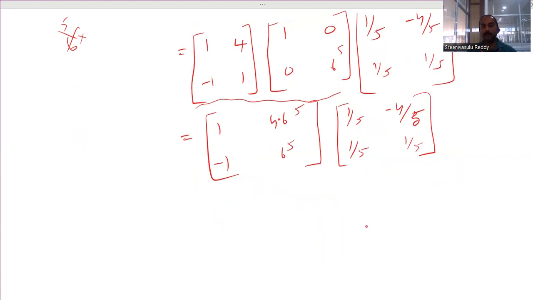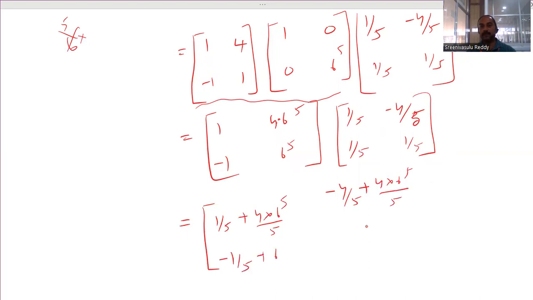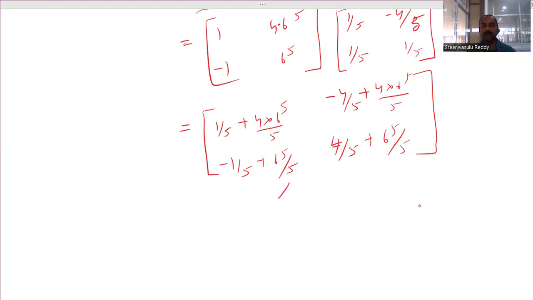You evaluate it, we get the A power 5 value. 1 by 5 plus 4 into 6 power 5 by 5, minus 4 by 5 plus 4 into 6 power 5 by 5, minus 1 by 5 plus 6 power 5 by 5, plus 4 by 5 plus 6 power 5 by 5. That's all. Simplify this expression, we get the value. This is A power 5.